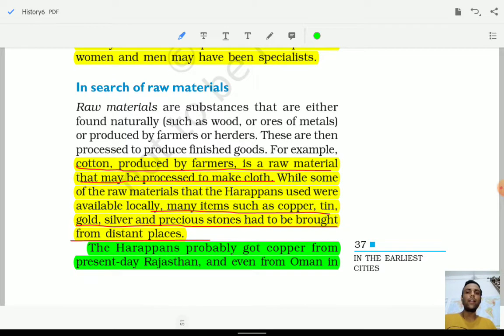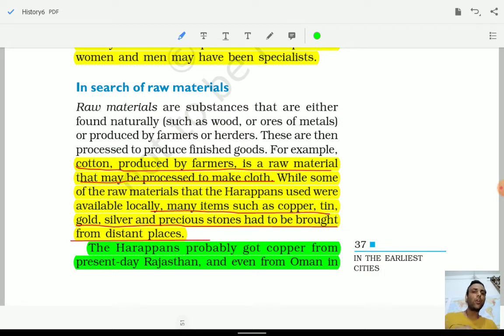Now let us understand from what different parts of the world the Harappans must have got their raw materials. Cotton produced by farmers is a raw material that may be used to make cloth. If we pay attention, Harappa was in the western part, and some locations have also been found in Gujarat.